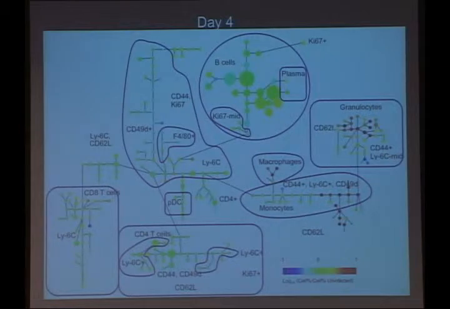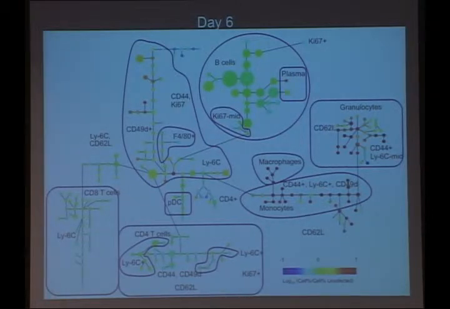But then now here what we're looking at is day 4, and the coloration is no longer a surface marker. This is actually the fold change in the percent of cells and where those cells were located on the tree. And we see at day 4 post-infection in the salmonella-infected mice, lots of granulocytes and macrophages were proliferating in the spleens of these mice.